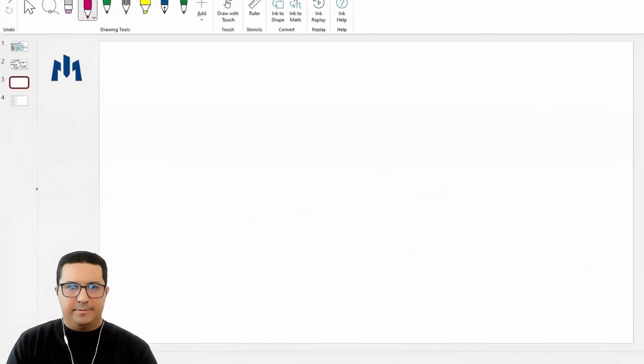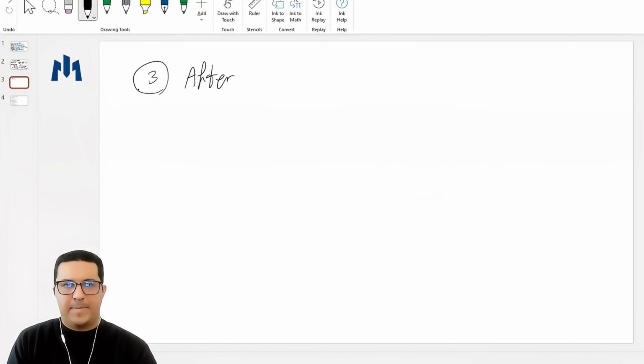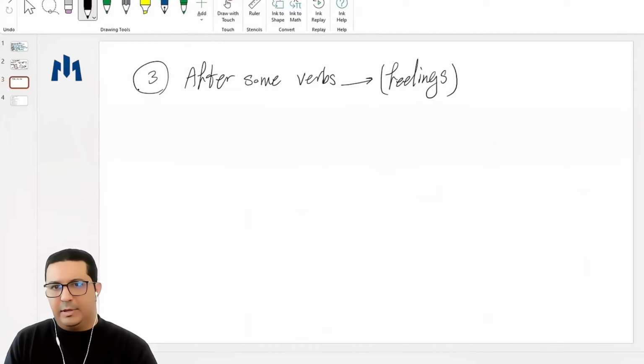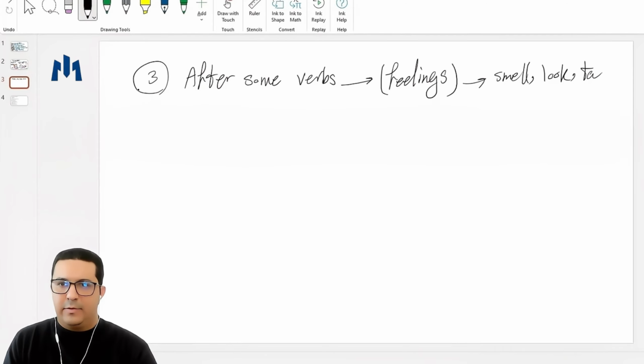The third situation is after some verbs. Which verbs are related to your feelings? Okay, for example, smell, look, taste, touch, and these words.